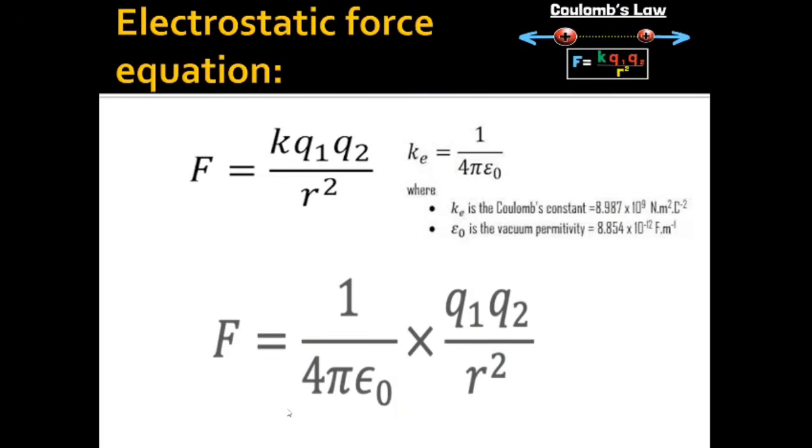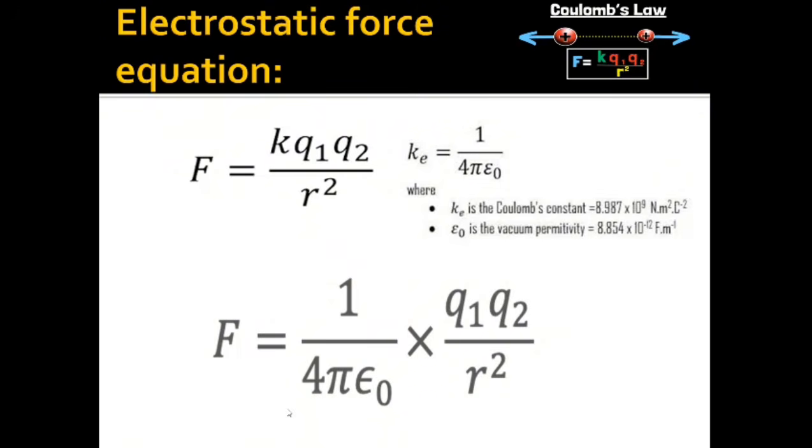Now, electrostatic force equation. That's exactly what I want us to look at, as I mentioned earlier in Coulomb's law. Coulomb gave us a law that brought this equation, where he said that the force of interaction between two point charges is directly proportional to their product, which is Q1 Q2, and inversely proportional to the square of their distance apart, which is r squared.